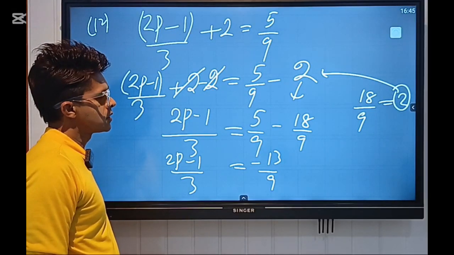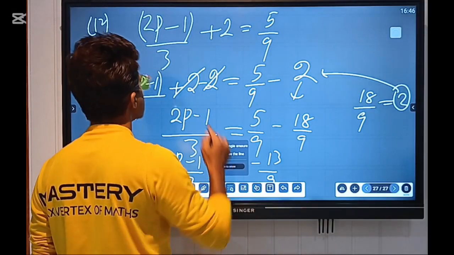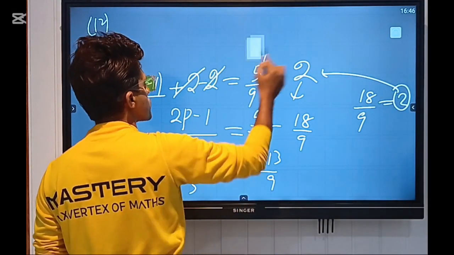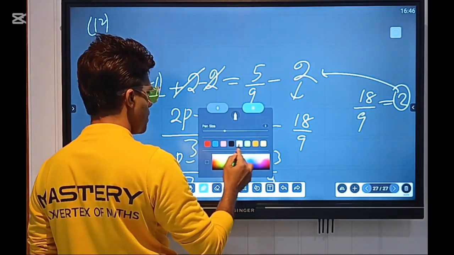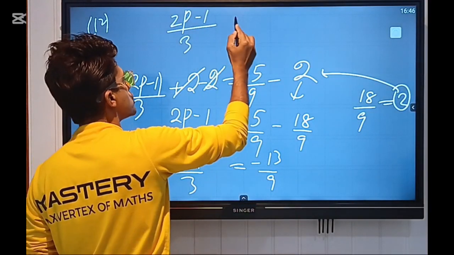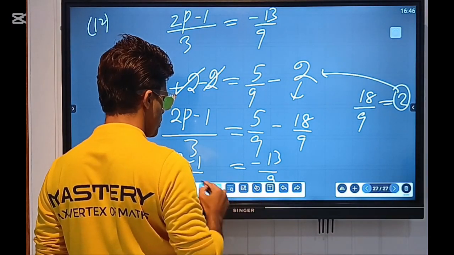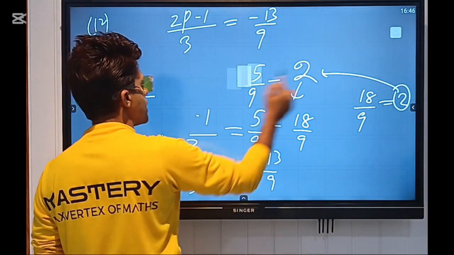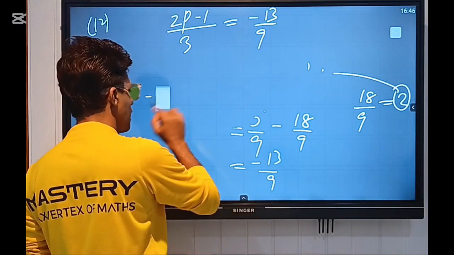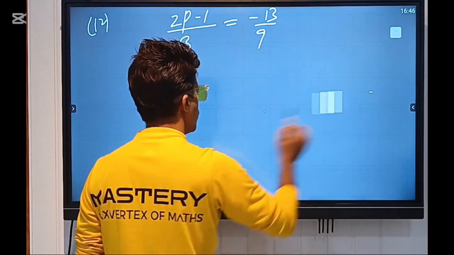Right? Yes. 2p minus 1 over 3 equals minus 13 over 9. Now both sides you could multiply using 3 and 9. Considering the LCM of 3 and 9, you could simplify, no worries.